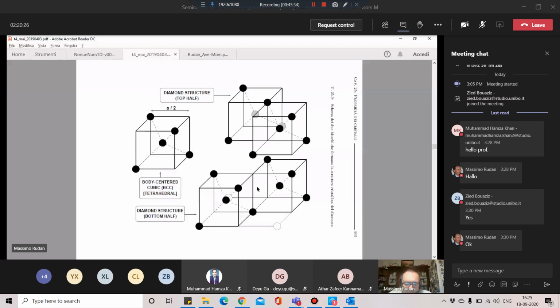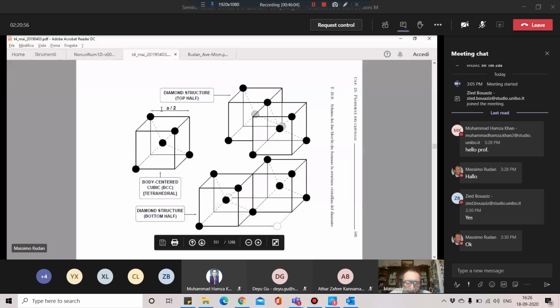but before we continue, observe that the length of the side of the small cube is called a half. So of course, the length of the side of the new cube that we are going to obtain after putting all these things together will be a. Okay, because we are putting two cubes, one near the other.